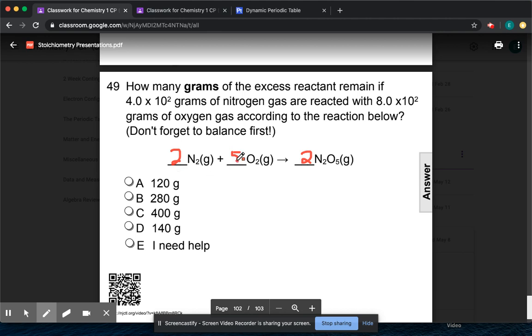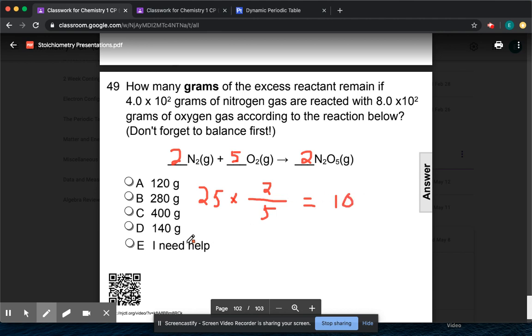Okay. So if we use up 25 moles of oxygen, how many moles of nitrogen do we need? So we have to convert that into moles of nitrogen. So we have 25 times, set up your ratio. Nitrogen should go up top, oxygen should go on the bottom. Multiply that out. So 25 times 2 over 5 gives you 10. So we need 10 moles of nitrogen.